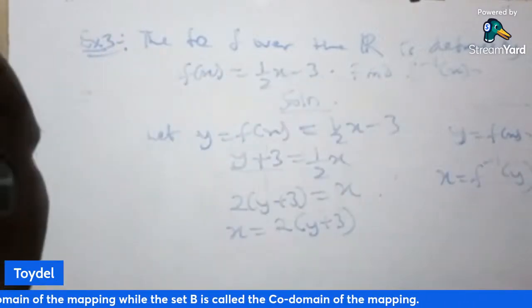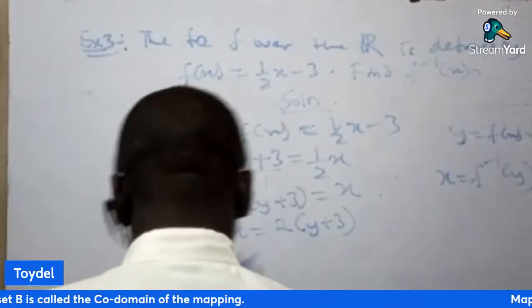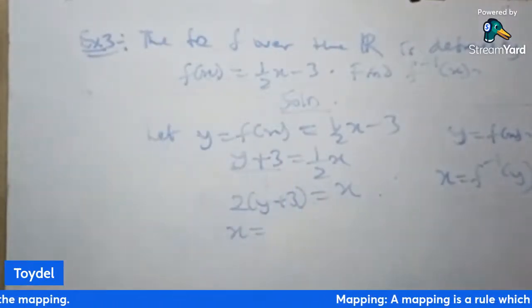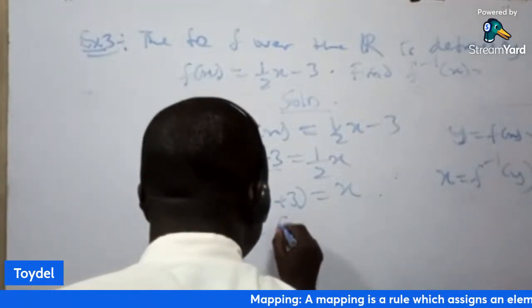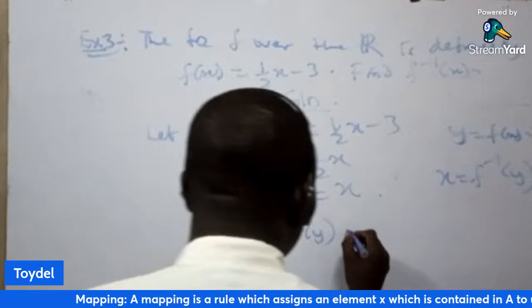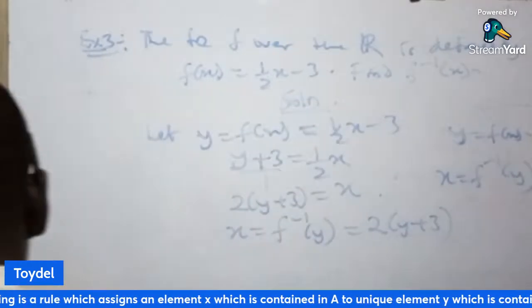That is the implication. So my x here, I can write x as the inverse function of y, so that it will be 2 into bracket y plus 3. That's what I'm going to get.